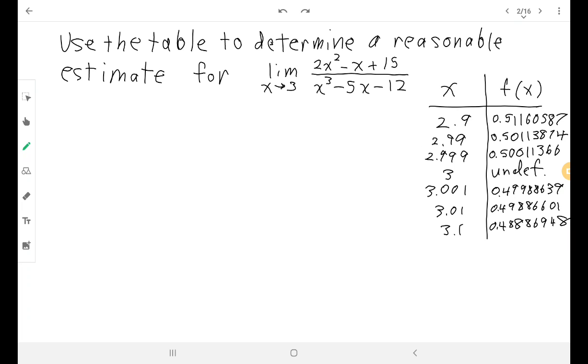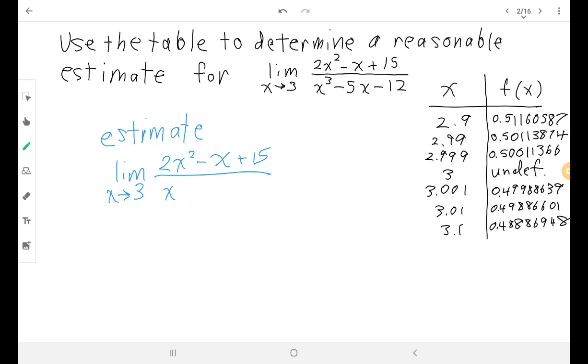So we're going to estimate that the limit as x goes to 3 of 2x squared minus x plus 15, all of that over x cubed minus 5x minus 12 approaches, well, we're estimating, so I'll say equals.